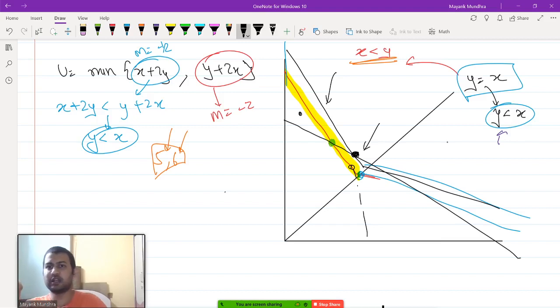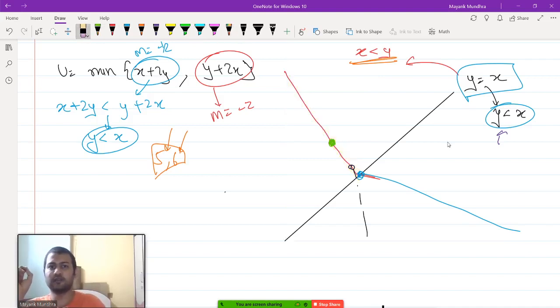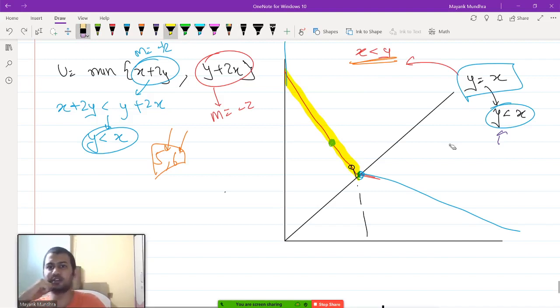The budget line actually has to coincide with the yellow region. That is the only case where she will consume the green dot. So her budget line will look like this.